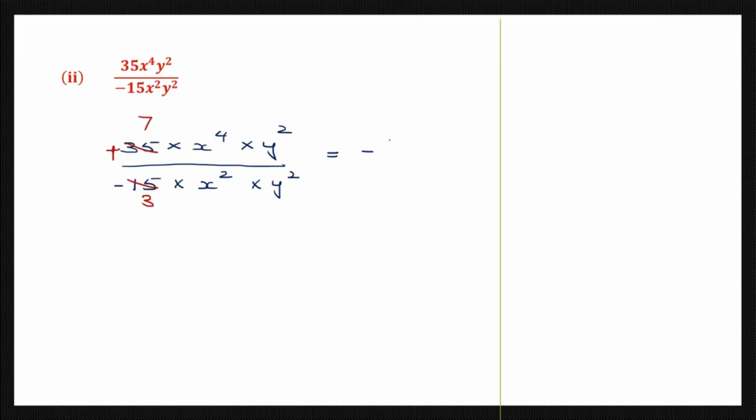So here we have 7 into x to the power of 4 minus 2, so that is minus 2 into y to the power of 2 minus, here also we have a 2. So 2 minus 2. Now in the denominator we have only 3. So now let's work this out.